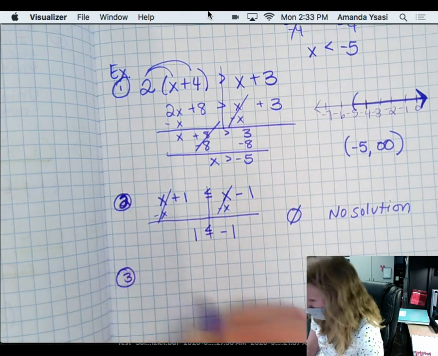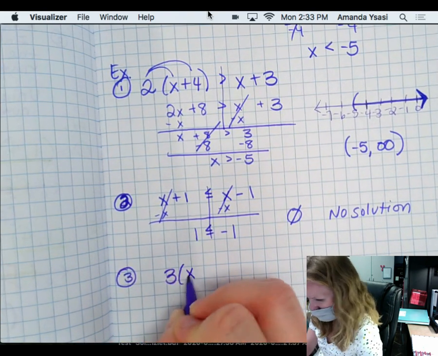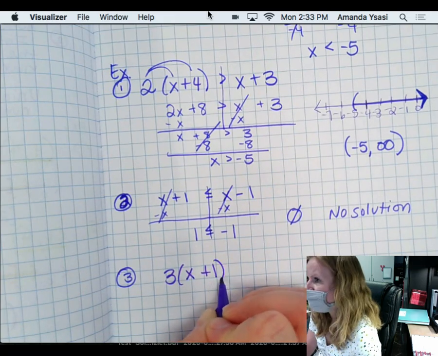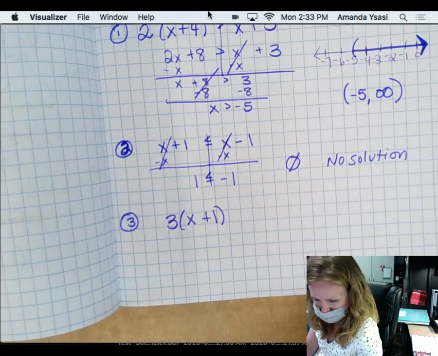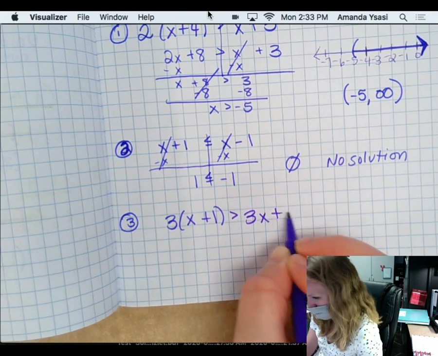All right, let's do a third example. 3 parentheses x plus 1 is greater than 3x plus 2.